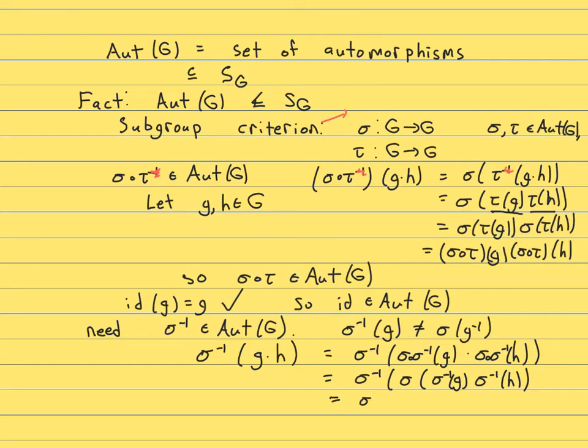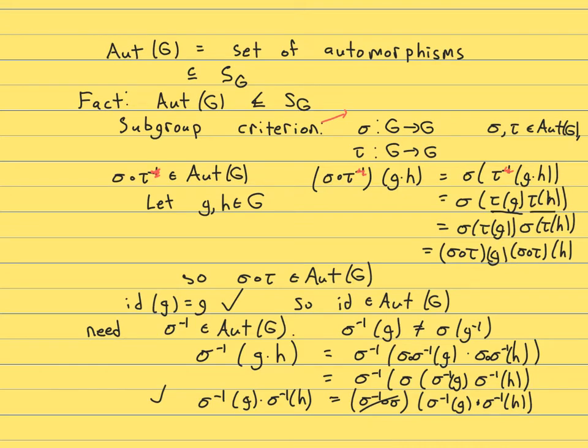Then you see that you've got sigma inverse composed with sigma here, applied to sigma inverse G times sigma inverse H. But of course, sigma inverse composed with sigma is the identity function, and so you actually get sigma inverse G times sigma inverse H. So you do actually see that the inverse is also a homomorphism.